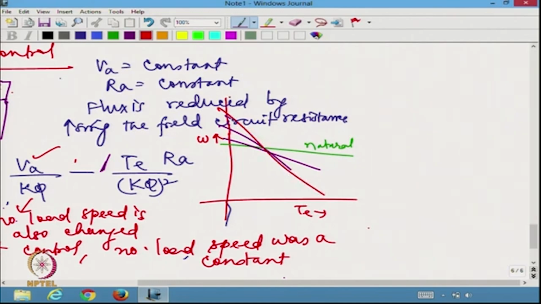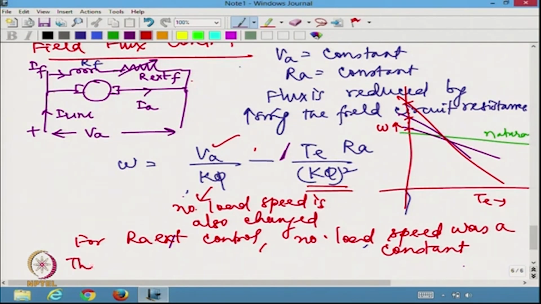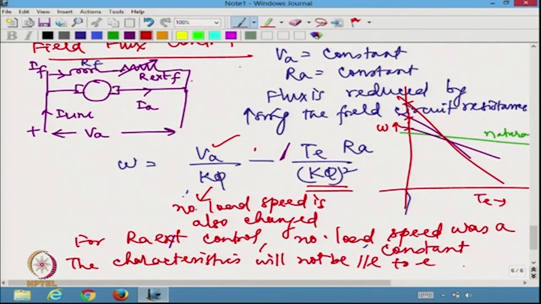So, we are having variation in the no load speed itself, and even the rate at which the speed is decreasing, that is also changing. So, they are not parallel to each other. So, the characteristics will not be parallel to each other.